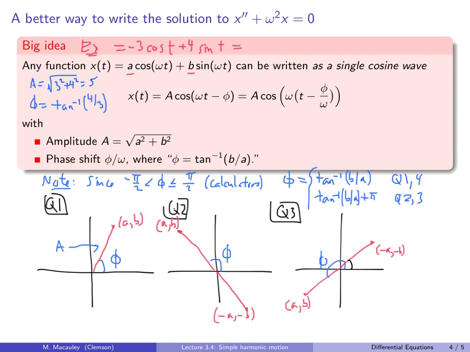Now, this point, negative 3, 4, lies in quadrant 2, so we should type into our calculator inverse tangent of 4 over negative 3 plus pi.